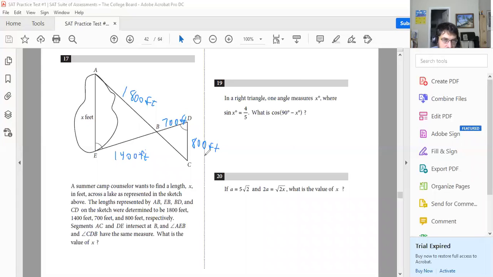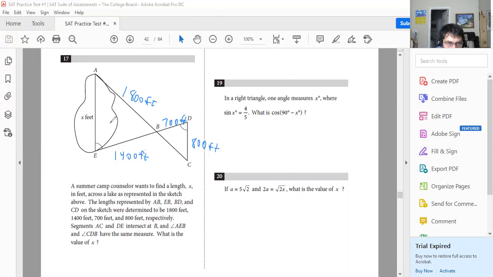Segments AC and DE intersect at B, which is kind of obvious. And angle AEB and CDB, these two are equal.